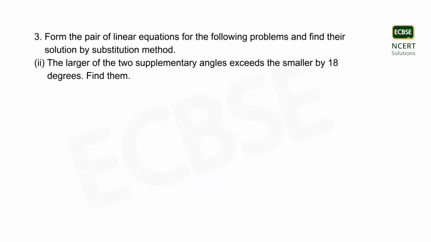So now coming to the second problem of third question. The second problem is: the larger of the two supplementary angles exceeds the smaller by 18 degrees. Find them. So in order to find the two angles, we will assume that x and y are supplementary angles.